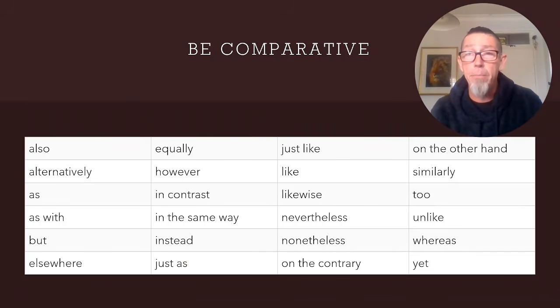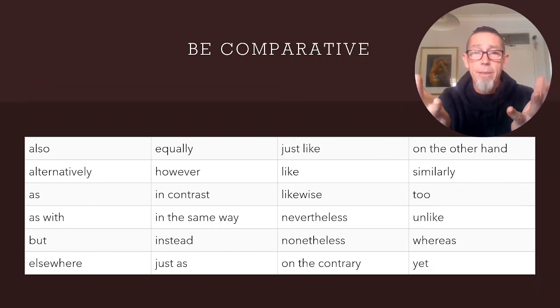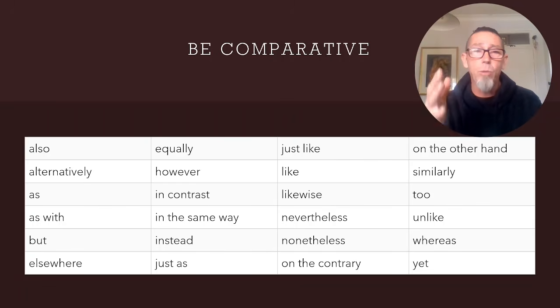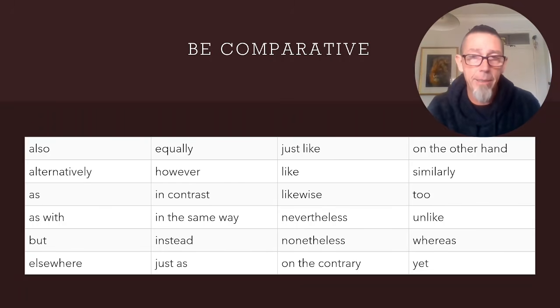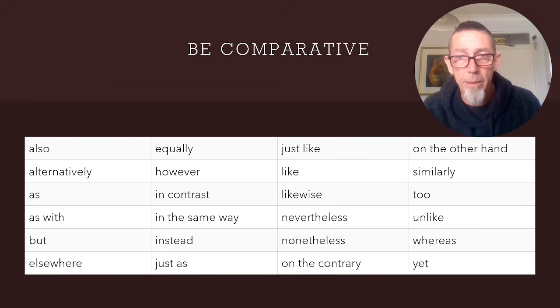You want to use them to show the examiner this is the first thing, on the other hand, this is the second thing; they're different. Or if they're the same, equally, this text is the same as this text, or uses the same effects as this text. Similar or comparative, mix them up a little bit.